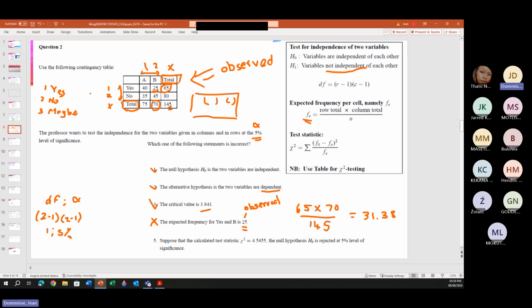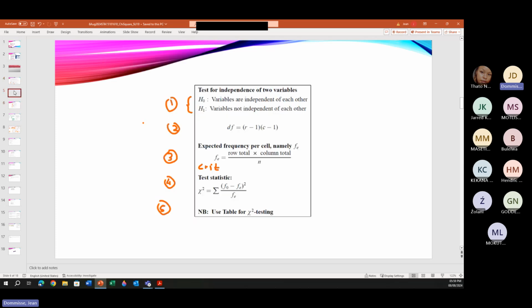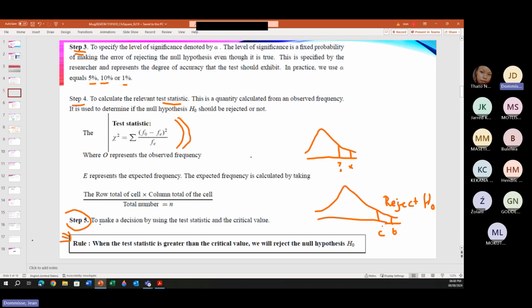Then the last question is, suppose you have the test statistic of 4.5455. So at the 5% level, is the null hypothesis rejected? And remember, we said we reject the null hypothesis if the t-stat is bigger than the critical value.